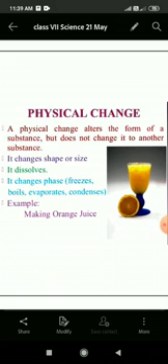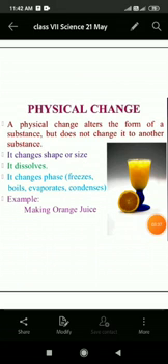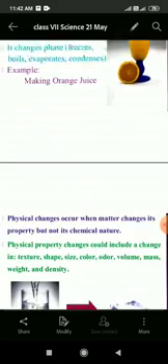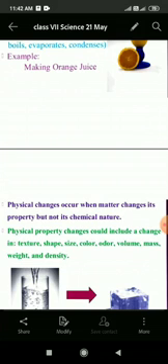And now we'll discuss some physical changes, taking some examples of physical changes, like conversion of water into ice. That means freezing of water into ice.